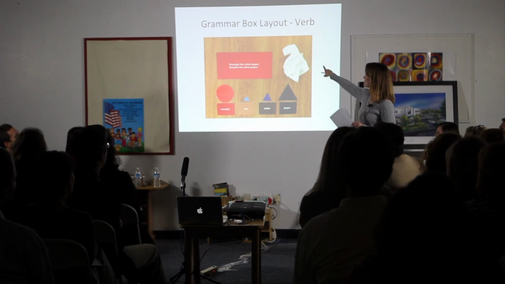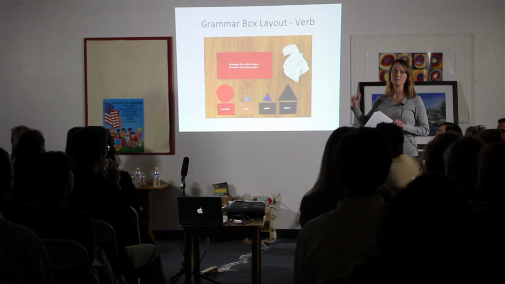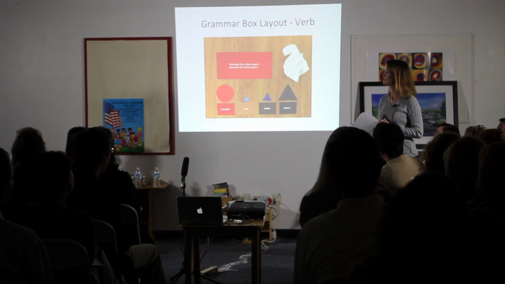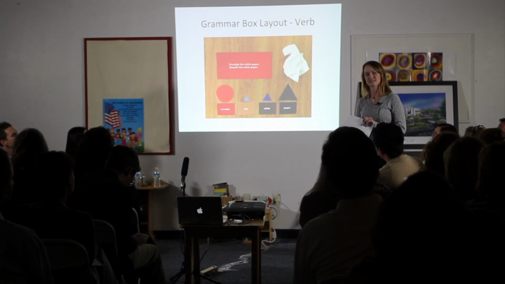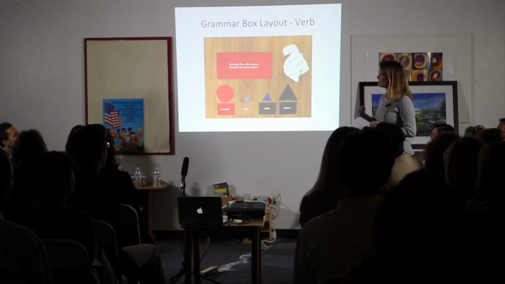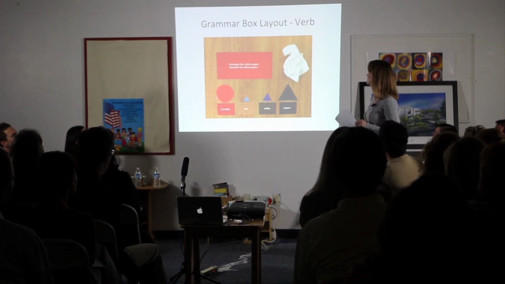He chooses a card and reads the sentence. Then he makes the sentence with the little cards. And then he acts out the sentence. So he got up and got that piece of paper and would crumple it up because that's the command that the sentence told him about.